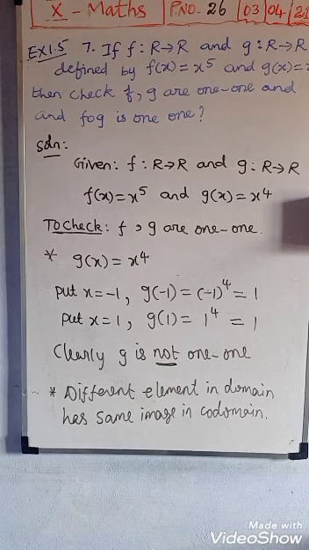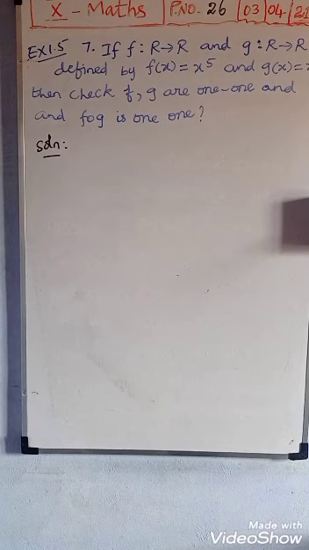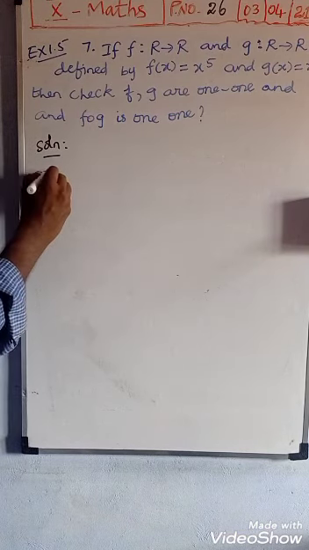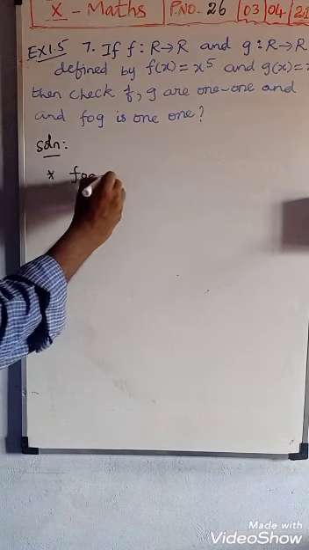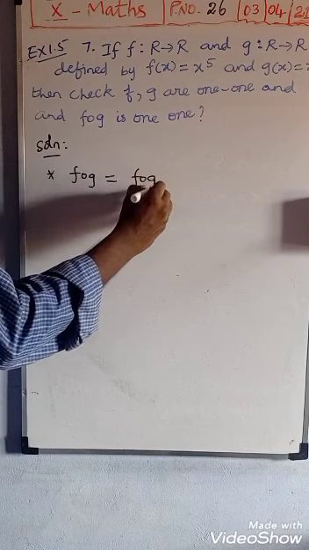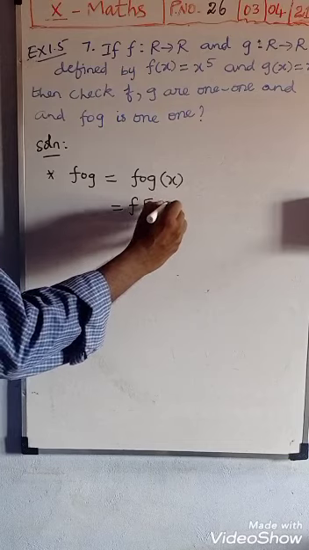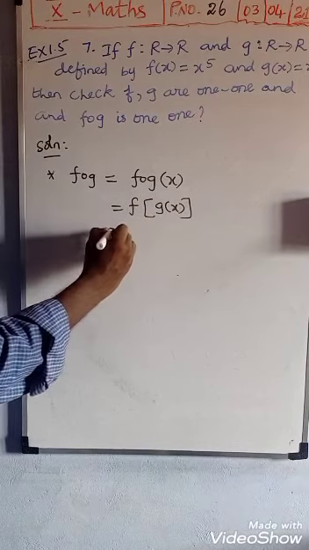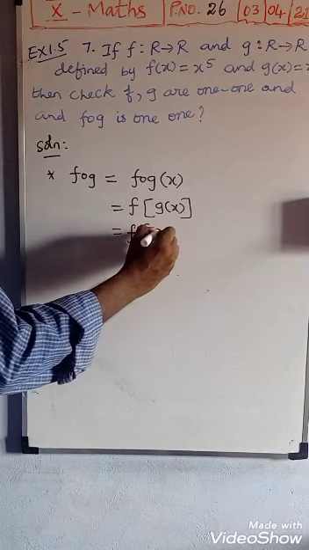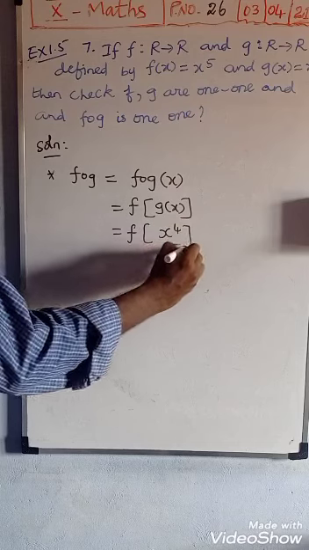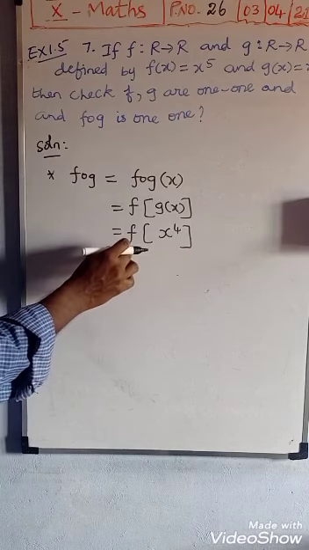Okay, next f composition g you want to check. f composition g is equal to (f∘g)(x), so this we can write as f(g(x)), where g(x) is x^4. So this x^4 we want to substitute into the function f.